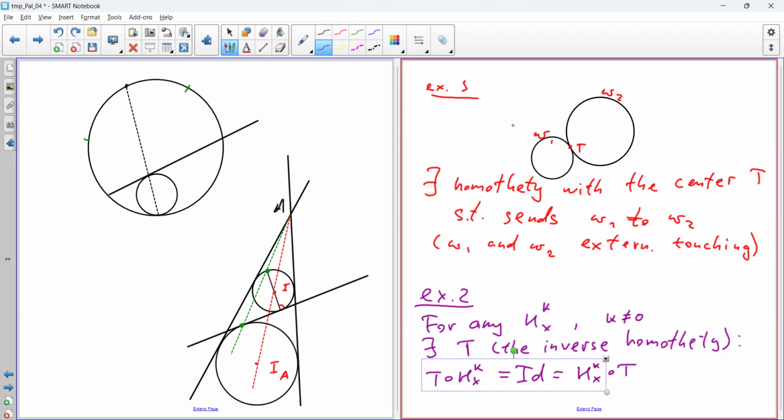For any particular point, it would be sent somewhere by the first homothety and sent back by the second homothety to the preimage. And this homothety would be very trivial. It would be just the homothety with the same center x and coefficient, not minus k, but 1 over k.